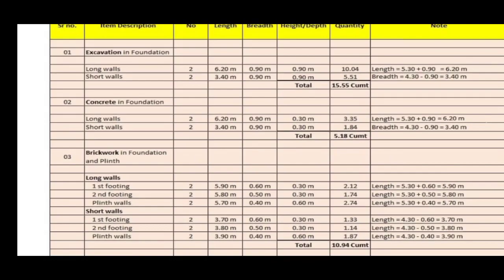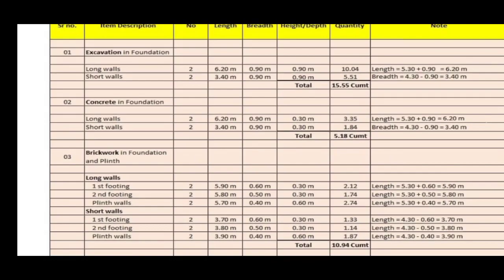And short walls are also split into three different steps. First step of footing, second step of footing, and plinth walls. Now the numbers for both long walls and short walls are the same, that is two numbers, because there are two long walls and two short walls in the building.